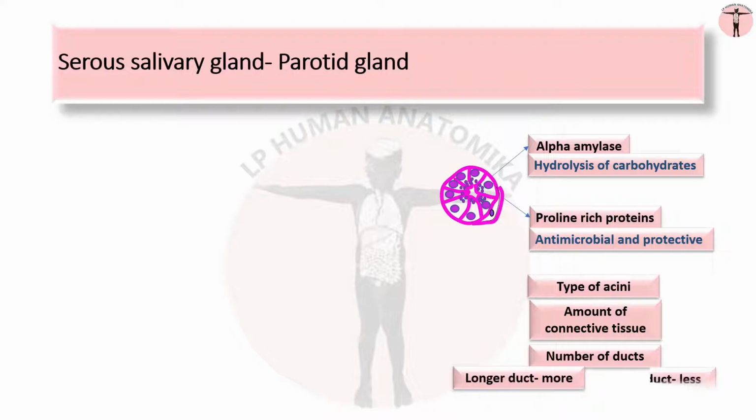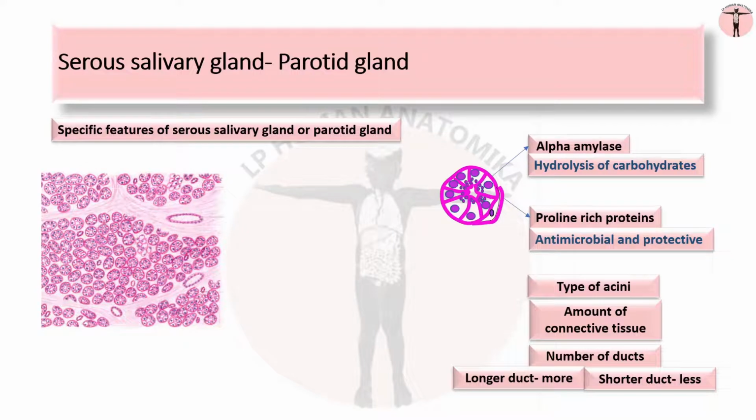If the duct is shorter, fewer cross sections of the ducts will be observed, or the ducts may not be seen in the section. In the parotid or serous salivary gland, the specific features are that it has predominantly serous acini, which are closely packed.